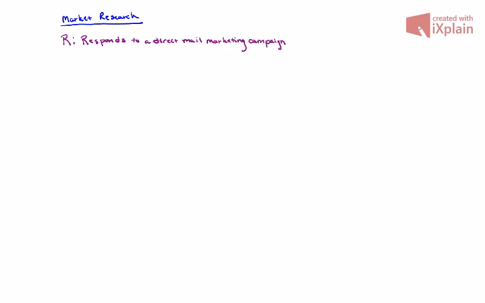Just in case you need a little bit of background as to what that is exactly, think of your favorite store that you like to shop at, or your favorite restaurant that you like to eat at. These individuals will somehow get your information, maybe from you swiping your credit card when you purchase something there, or maybe you give them your email address or your mailing address.